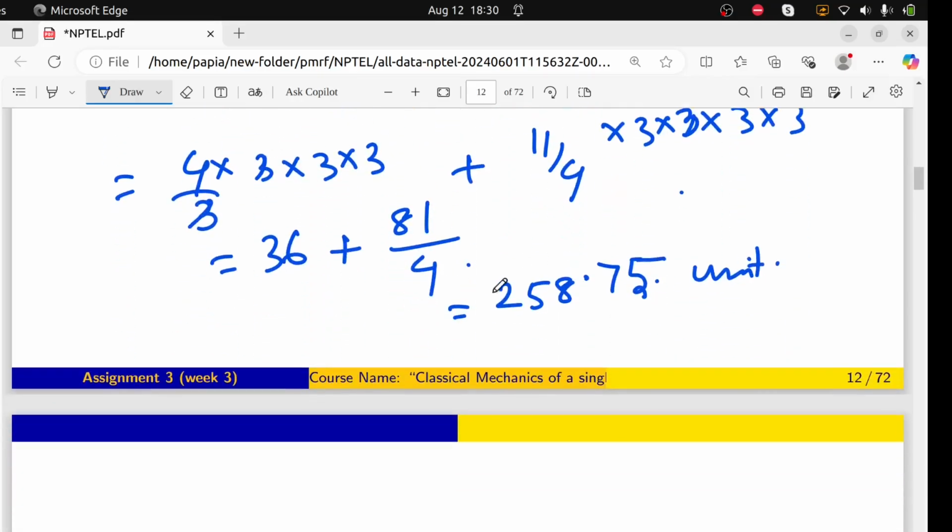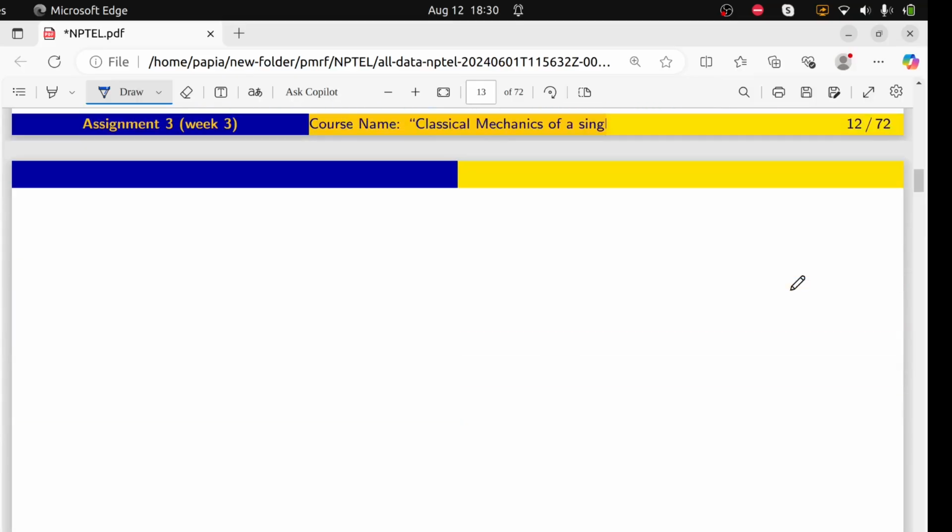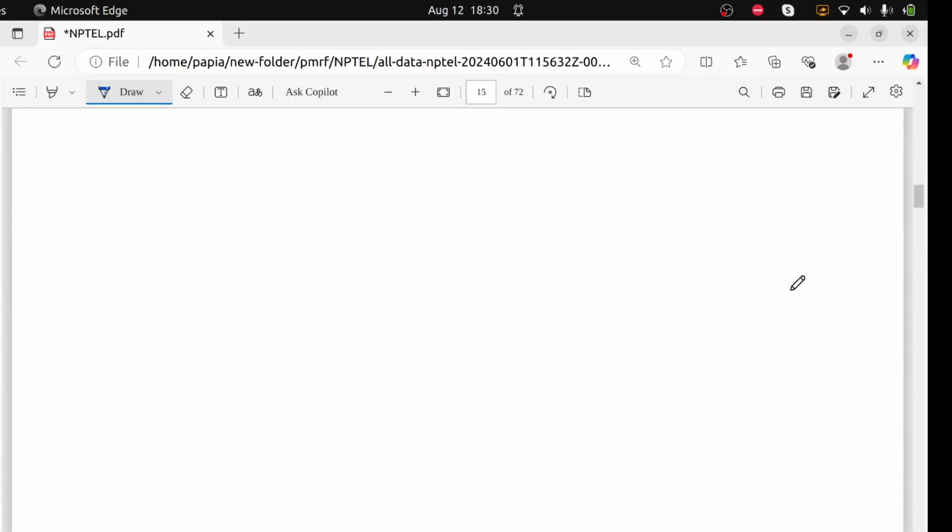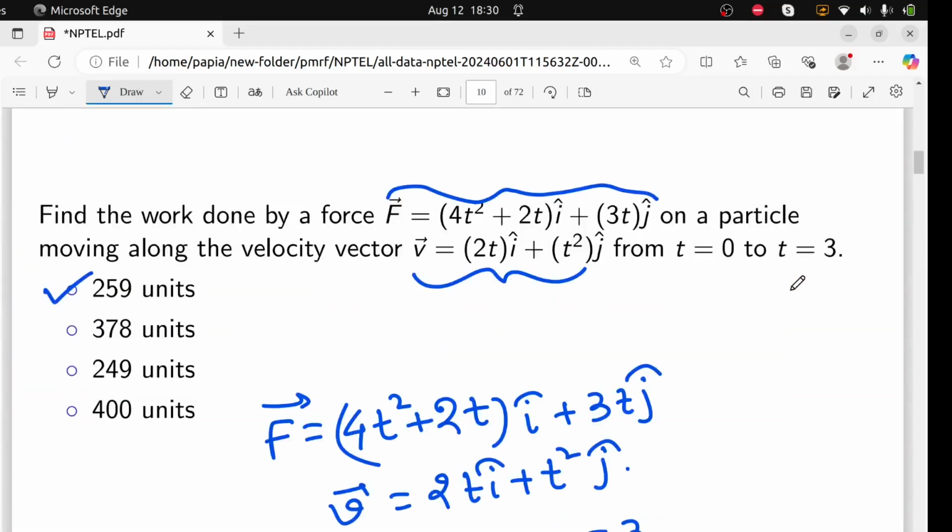So the answer will be 258.75 units. I'm showing you the question again, so this is the first option, which will be the correct one.